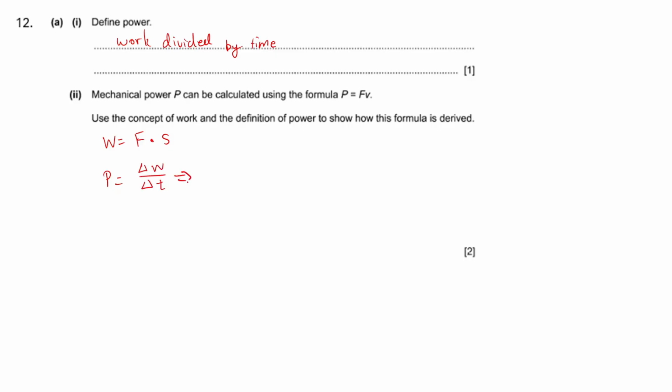So in this case, we can say that P is equal to F times S over T. And then you can actually separate this into F multiplied by S over T. And then it turns out this is equal to V. So then we get our final equation of F V, which is to be shown.